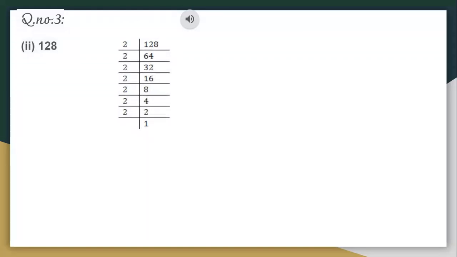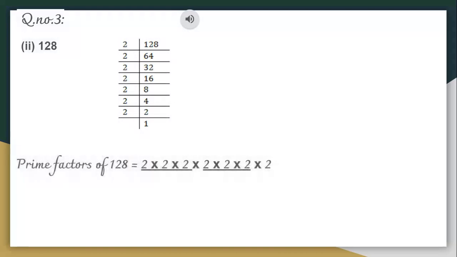Now, continuation of question number 3, the second number, that is 128. Same way, first take the factorization of 128. The prime factors of 128 are 2 into 2 into 2 into 2 into 2 into 2 into 2. How many times? 7 times. So 6 times will make 2 groups of 3, isn't it? But one 2 is remaining there.